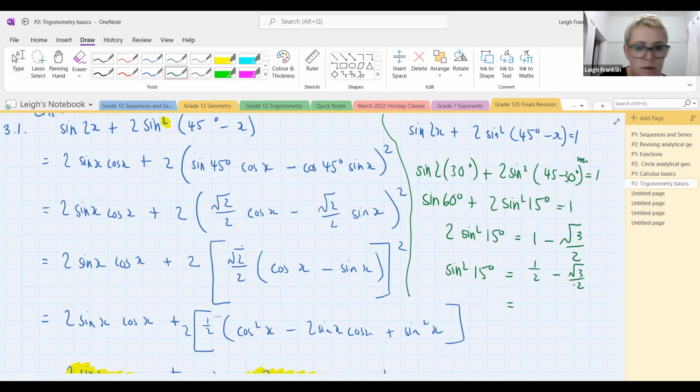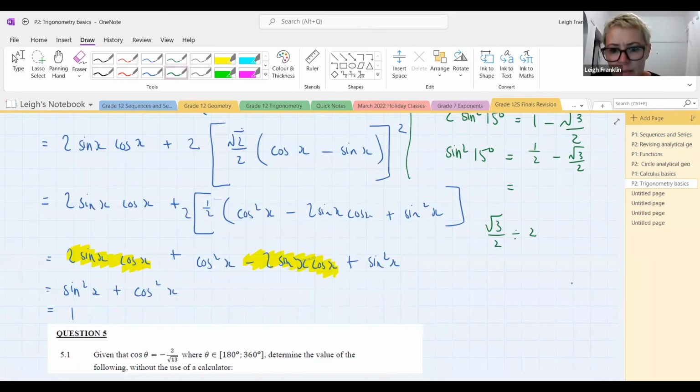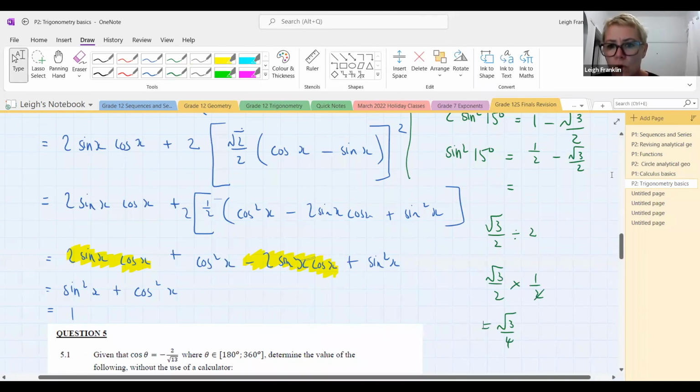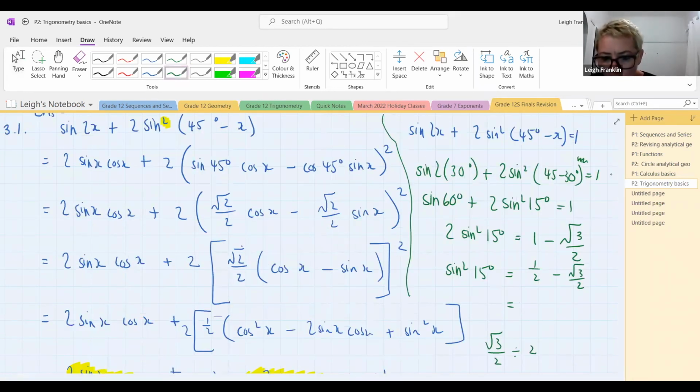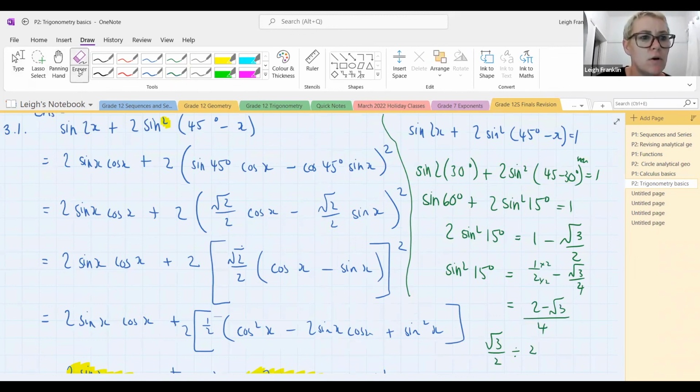Hang on a second. If you have root 3 over 2 and you divide it by 2, that's the same as multiplying root 3 over 2 by 1 over 2, which gives root 3 over 4. So it's 2 minus root 3 over 4, and there's our answer.